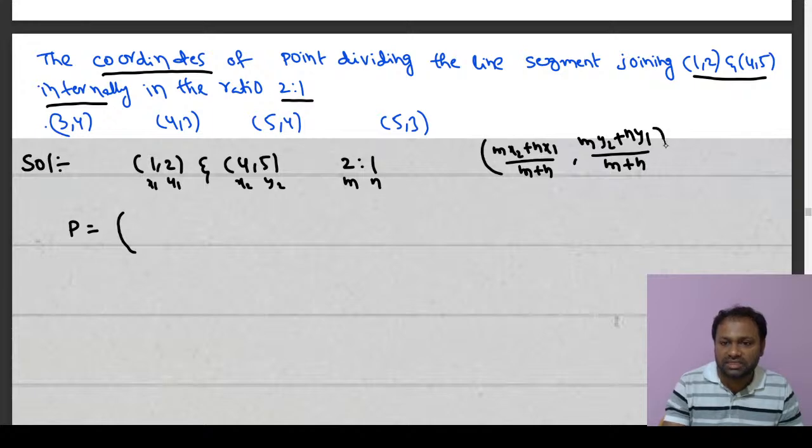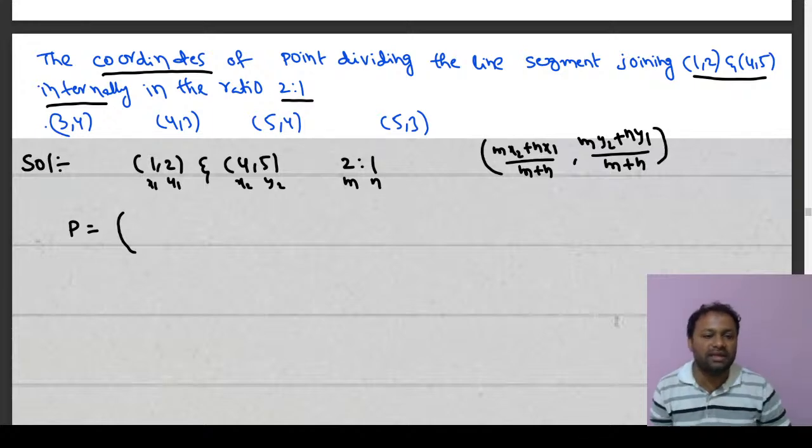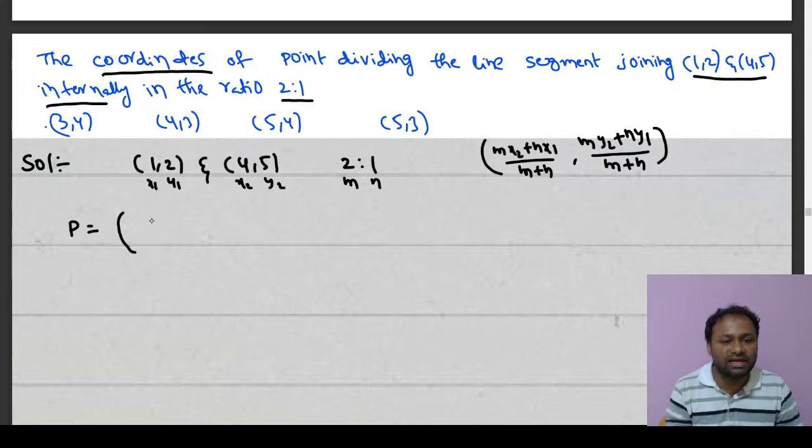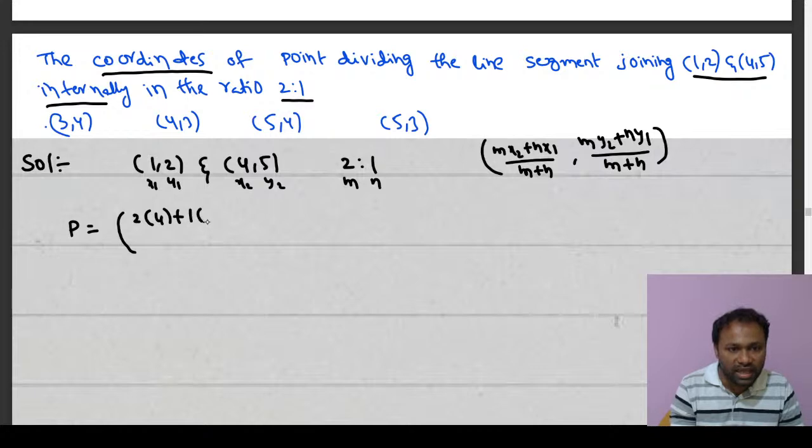So this is the point. Now let us apply the condition: m x2, 2 into x2 is nothing but 4, plus n, 1 into x1, 1, divided by m plus n, means 2 plus 1.